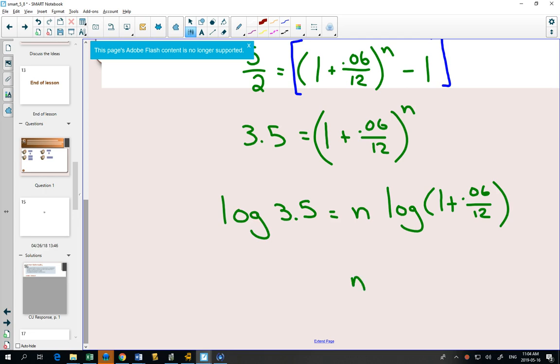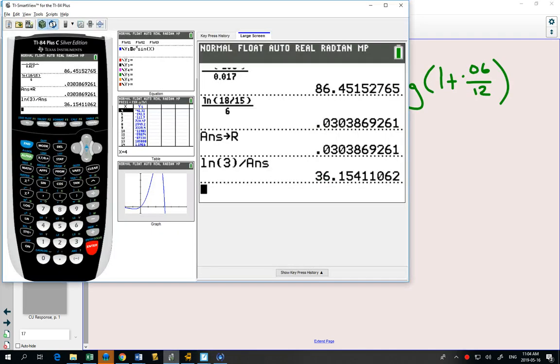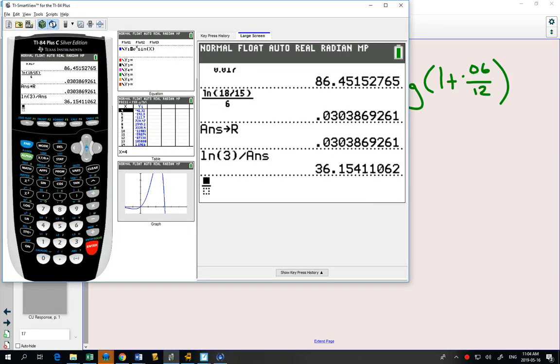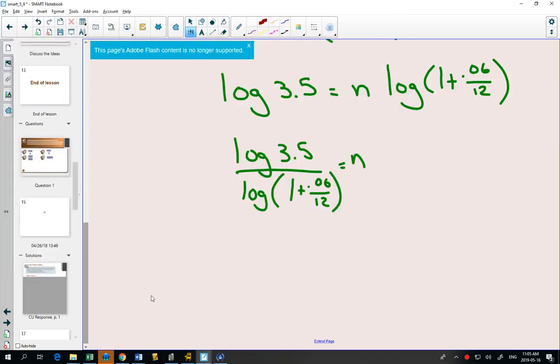To get n by itself, we can divide, take out our calculator. Type it in, log of 3.5 divided by log of 1 plus 0.06 divided by 12. 251.178.